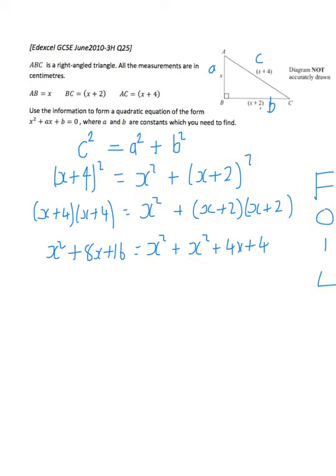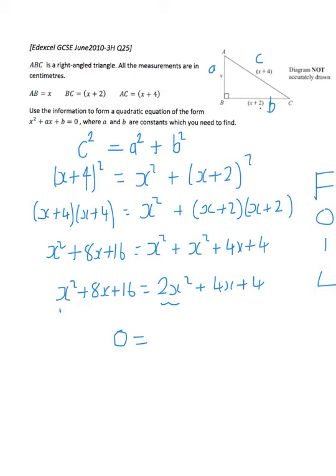So I'm going to simplify the right hand side first. So we'll have x squared plus 8x plus 16 equals 2x squared plus 4x plus 4. Now the right hand side has the largest x squared, so I'm going to move everything from the left hand side to the right hand side.